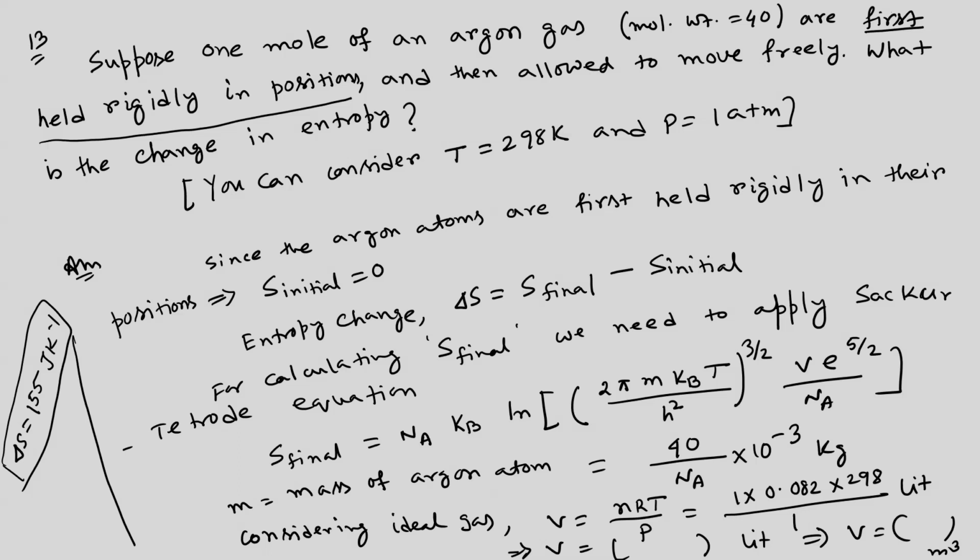And once we get the volume, we substitute volume, mass and number of particles in Sackur-Tetrode equation to calculate S final. Once we get S final, we can calculate delta S, which is nothing but S final, as S initial is 0. If we substitute all these things, we get change in entropy is 155 joule per Kelvin. So, again this is a straightforward problem, but you need to think before you start solving this problem.